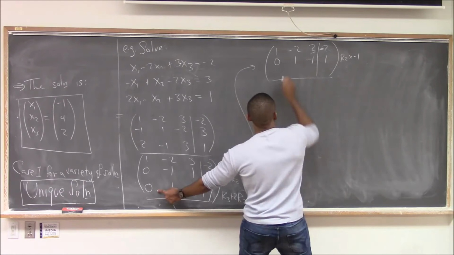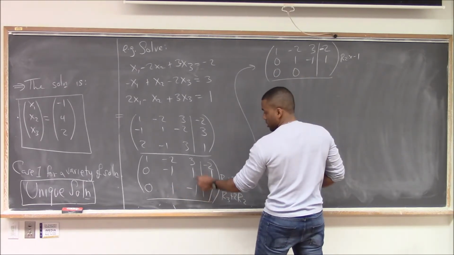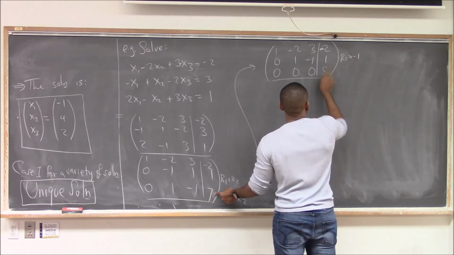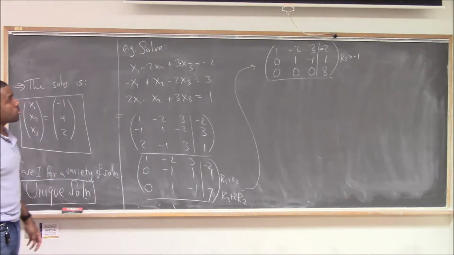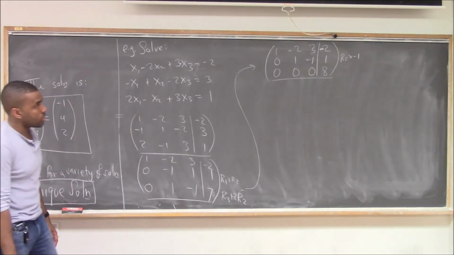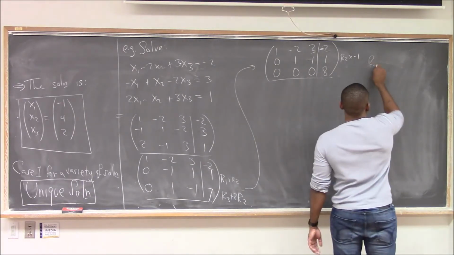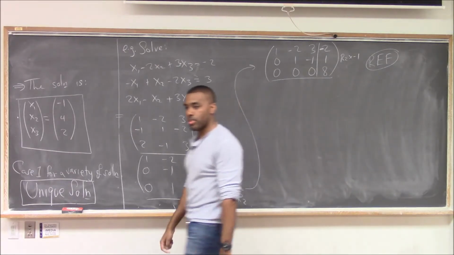So 0 plus 0, 0. Minus 1 plus 1, 0. This plus that, 0. This plus that, 8. That's the REF form, which means it's good enough to actually start solving the system.